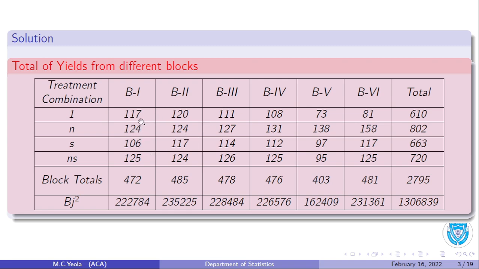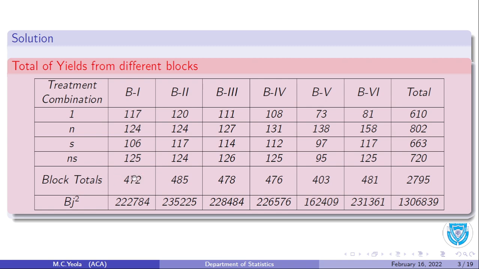Okay, then what we have done, we have taken the total of all these 6 values. Similarly here also we have taken the total of these 6 values, and this is also the total of all the 6 values. This way we have obtained the totals for all the treatment combinations from all the replicates or blocks.